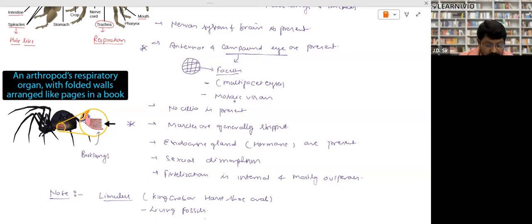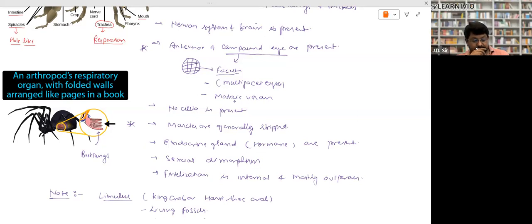The muscles are, it is a very important point, the muscles are generally striped.